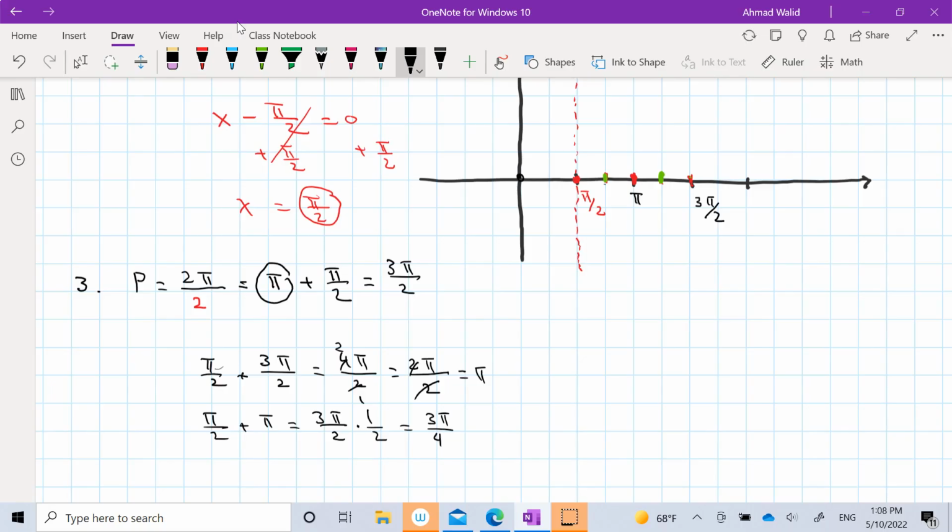It means this green point will be 3 pi over 4. And also to find the third quarter, you can average pi with 3 pi over 2, pi plus 3 pi over 2, which gives you 5 pi over 2, and divide by 2, which gives you 5 pi over 4, correct?